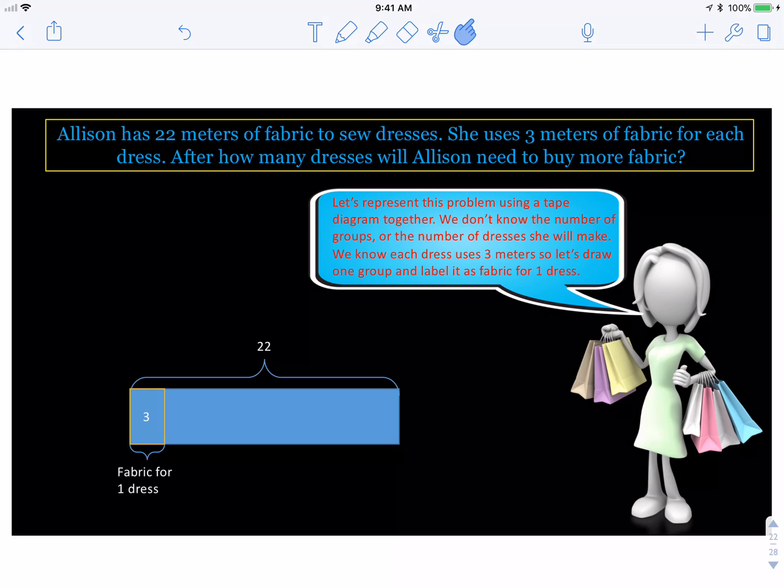We know that each dress uses 3 meters, so let's draw 1 group and label it as fabric for 1 dress. So we did 1 group, it's 3 meters, right here, and we labeled it as fabric for 1 dress. Now we have 22 meters that we need to get to.